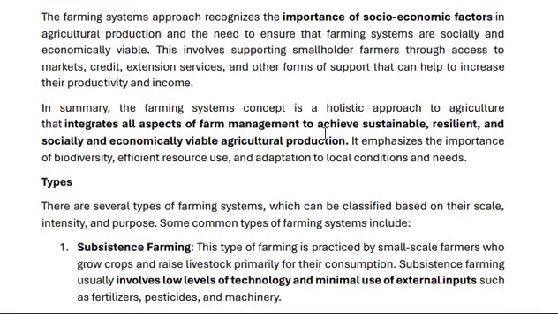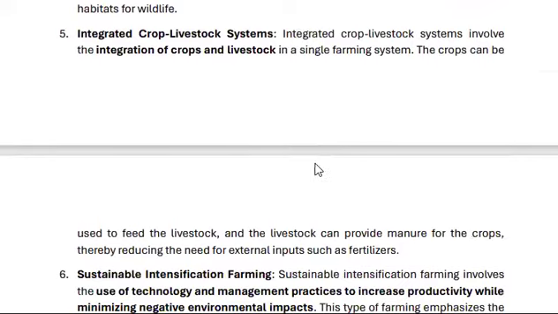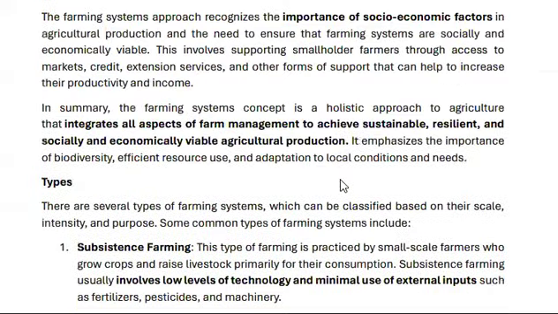Next, we have the different types or some of the types of farming systems. So these are classified based on their scale, intensity, and purpose. So I've listed here 7 of the common types of farming systems.